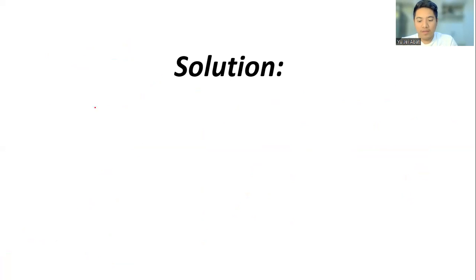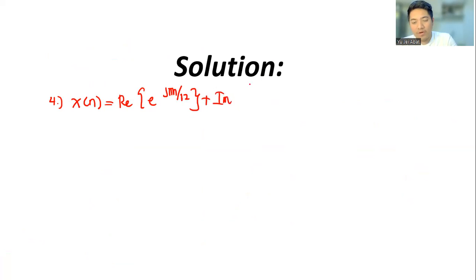So how about for number 4, we have a signal that has a complex sum of, let's say, a real number with e^(j pi n / 12) plus the imaginary, or the sum of this real number and this imaginary e raised to j pi n all over 18.